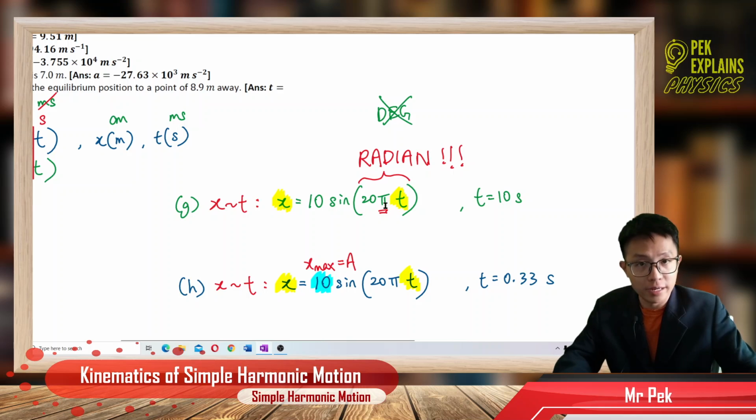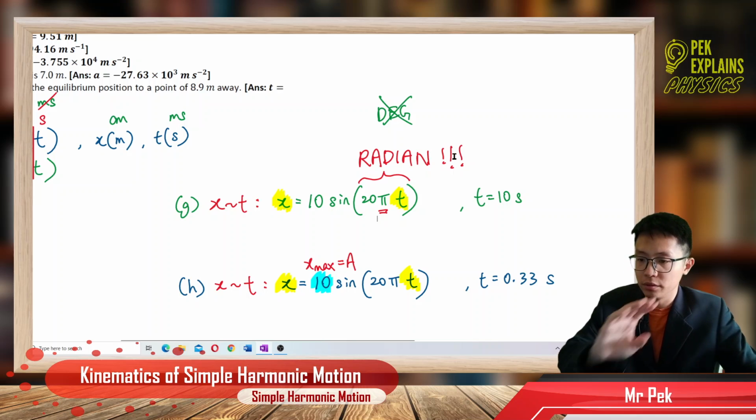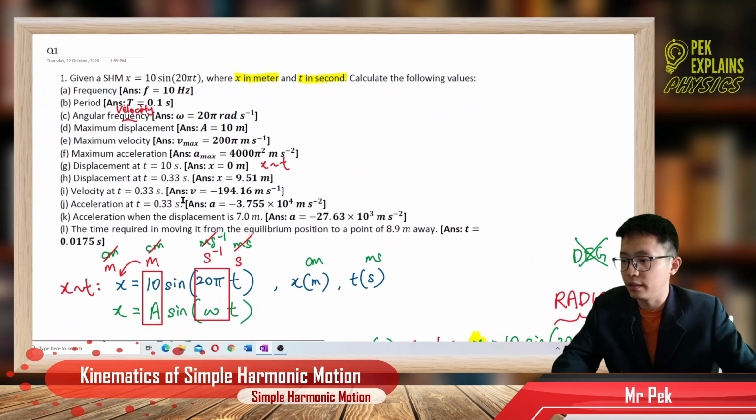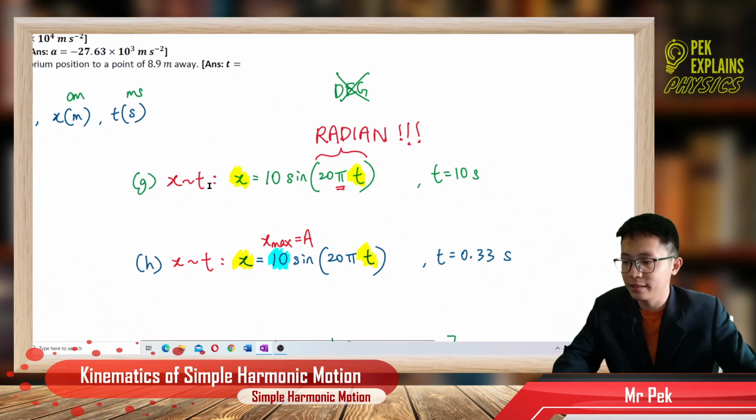Pi is in radian, 3.142 radian. So our theta is in radian. Remember. Okay, displacement at time, that means we use the x-t equation. So substitute the time inside.